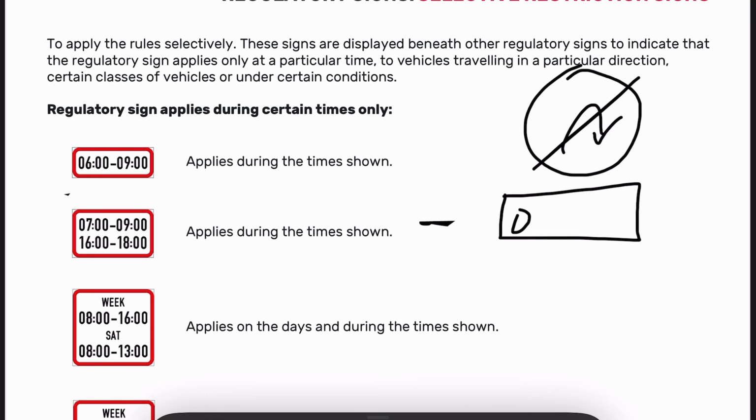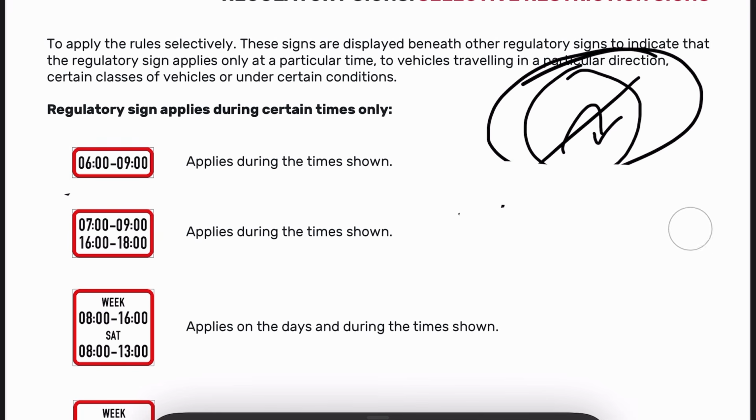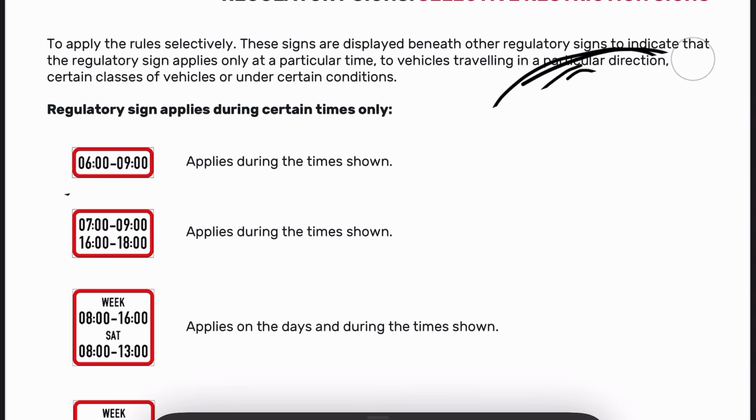Then they say from 6 to 9. So then this would work as your primary sign, and this as your secondary sign. As I said, the selective restriction signs work as secondary signs.